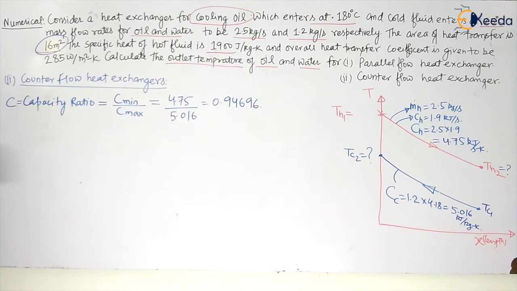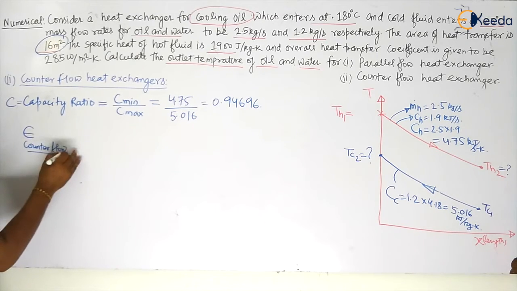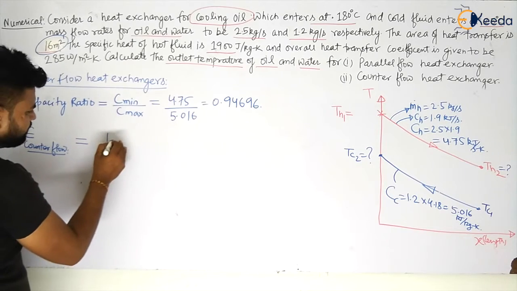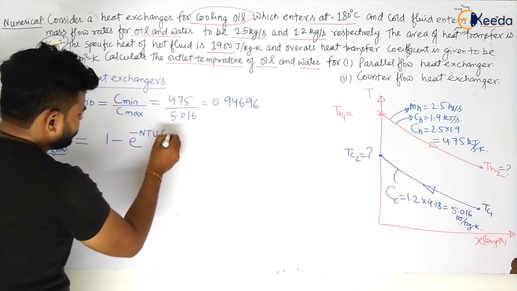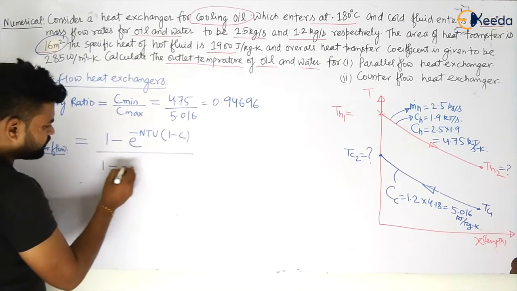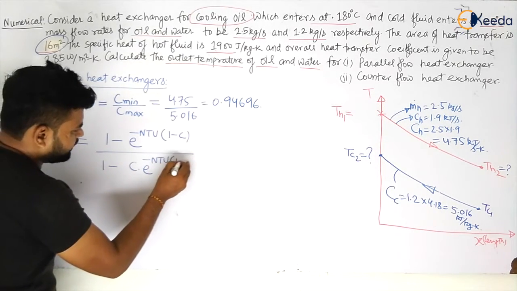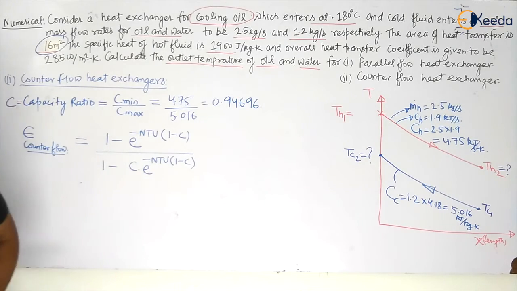Now, can we calculate the effectiveness for counter flow, my dear students? The effectiveness in this case will be given by E equal to 1 minus e to the power minus NTU times 1 minus C, divided by 1 minus C times e to the power minus NTU times 1 minus C. Let us put all values.